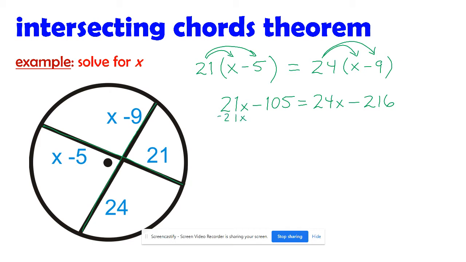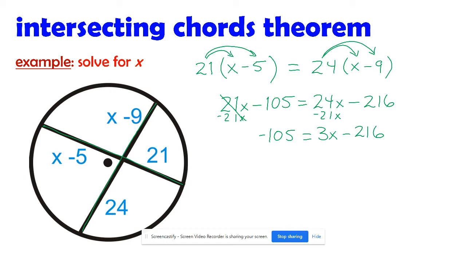So I'm going to subtract 21x from 24x, because that's going to give me a positive number for my x. And on the left side, I'm left with a negative 105. On the right side, I have this minus 216. One thing, when you cancel out your x term, if the next thing is being subtracted, once that x is gone, it still has to have that negative sign in front of it. So be very careful with that.